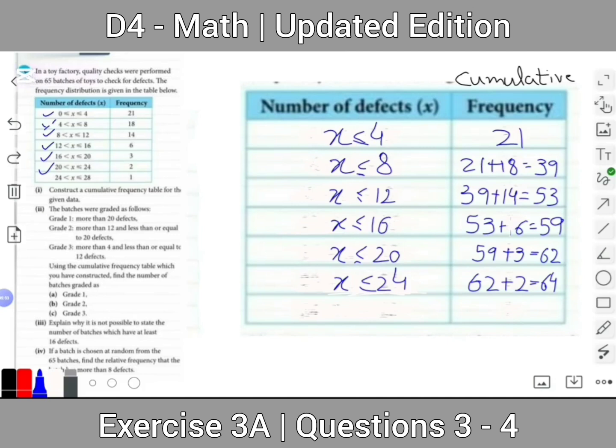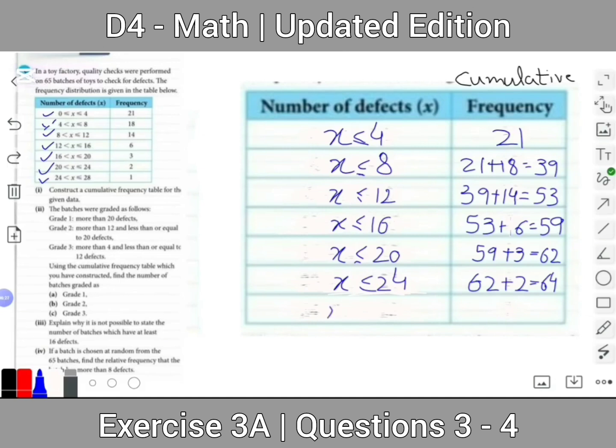Now for the last entry, the class interval of 24 to 28 with the frequency of 1. The number of defectives needs to go from 0 to 28. Now we are going to add this new frequency of 1 to the previous total, and that was 64.